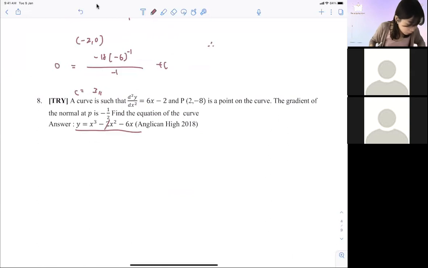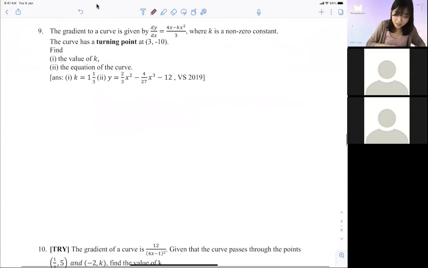Eh, why Dylan also negative x squared? Oh yeah, correct. It's negative x squared only. So the answer is wrong. Nice, you spotted. Okay. Next one. Question 9.